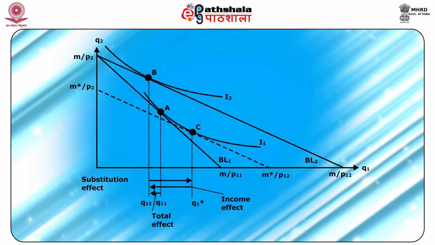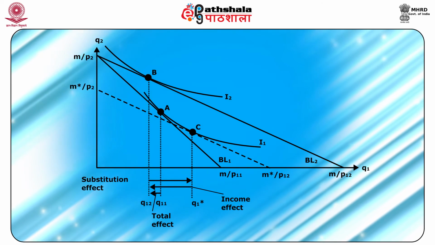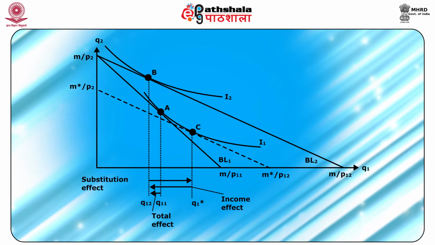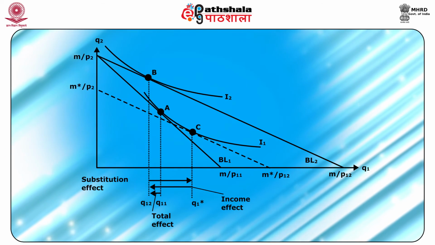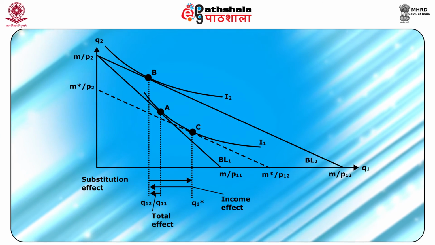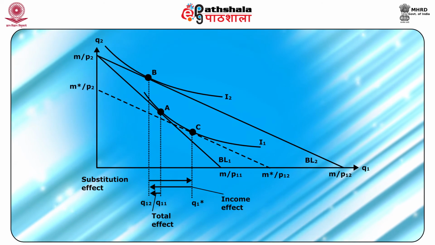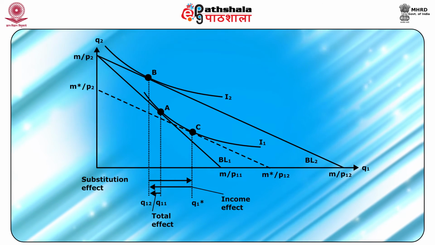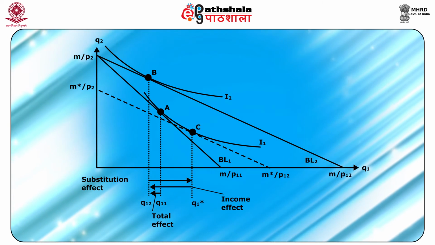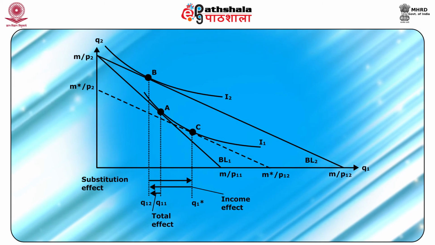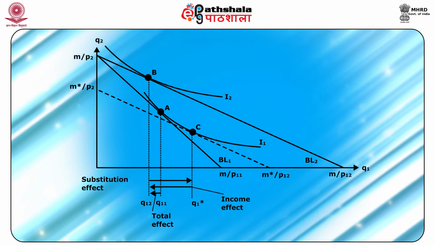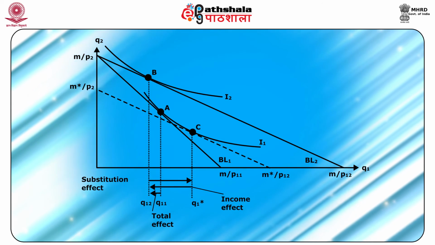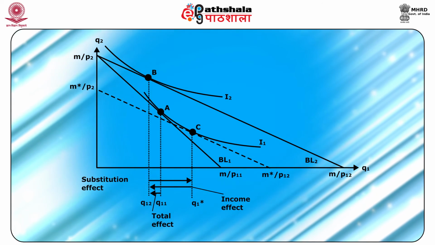What happens at BL2 is that the real income has increased, but the commodity X is an inferior good, but a peculiar inferior good, because the income effect is not only negative, but it is larger than the substitution effect. Please remember that the substitution effect was from Q11 to Q1 star.